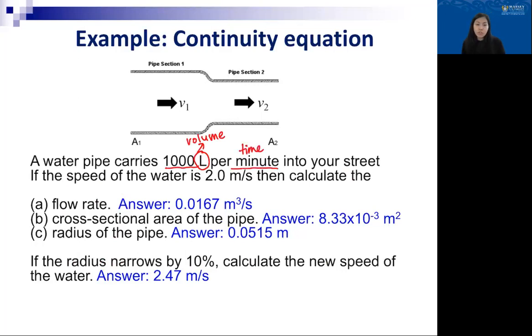So you're also sort of given the time, because it's 1,000 liters every minute. It's essentially saying 1,000 liters every 1 minute. So the time there is 1 minute. And you're, of course, given the speed, meters per second. Just looking at the units tells you that that's the speed.